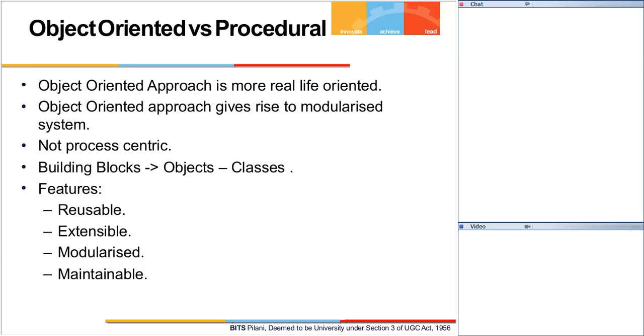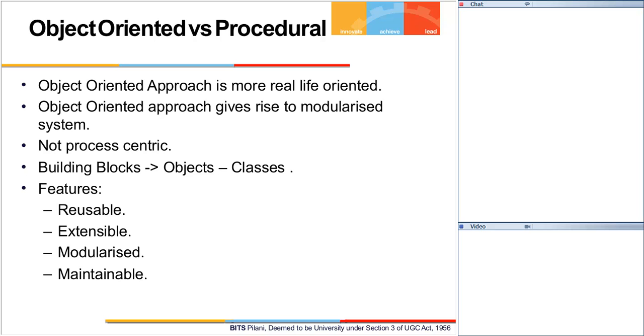It is completely different from the procedural paradigm, where the emphasis was more on logic and function. Whereas in the object-oriented paradigm, the emphasis is more on the data. The logic is there, but it gets encapsulated within the data, which is actually your object.